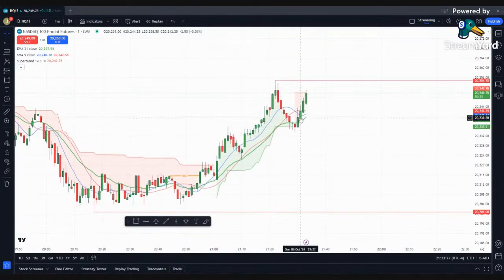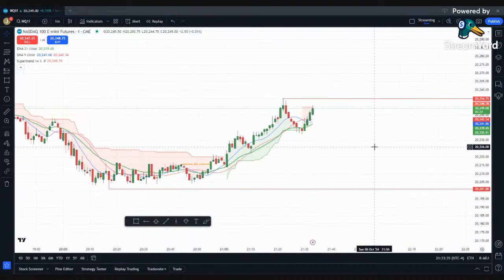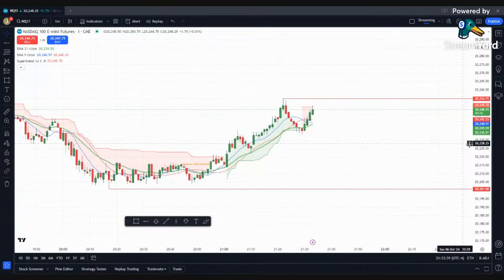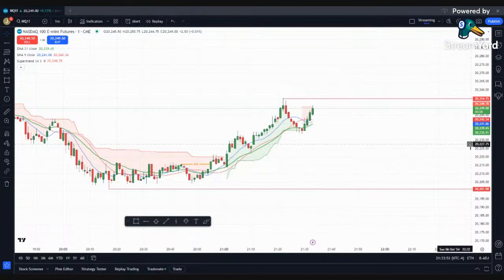I'm hesitant to enter the trade now, even though it's going down, because I already exited. Another thing you don't do: for example, if you have that profit and then you exit here, don't enter the trade unless you have the cross.